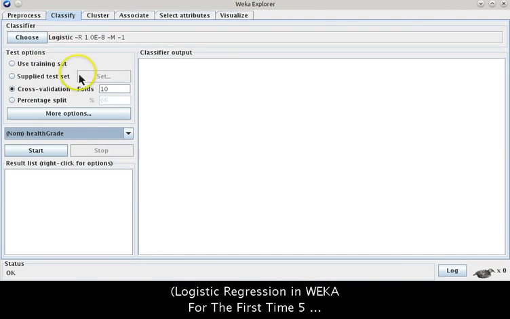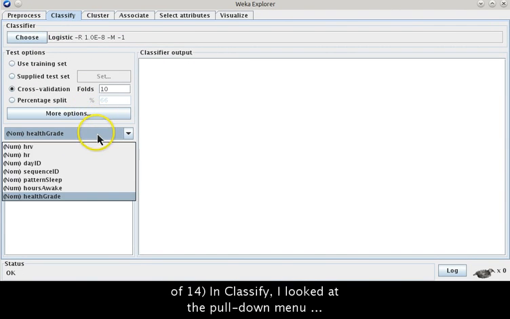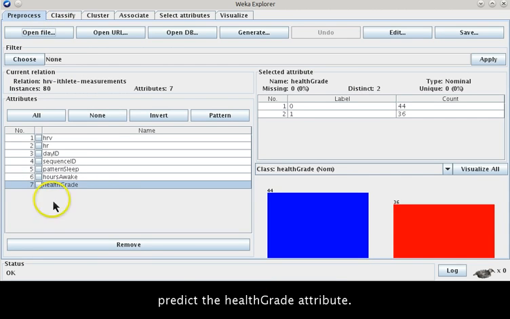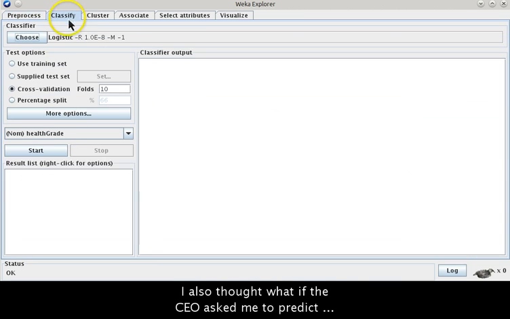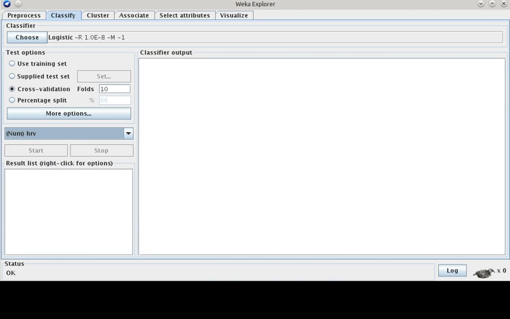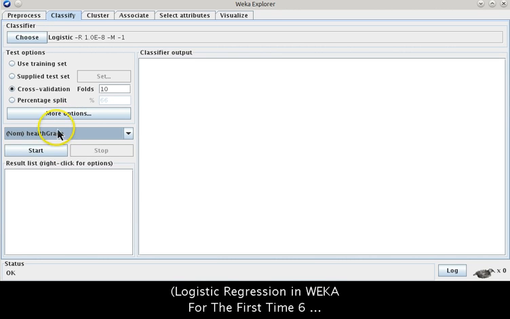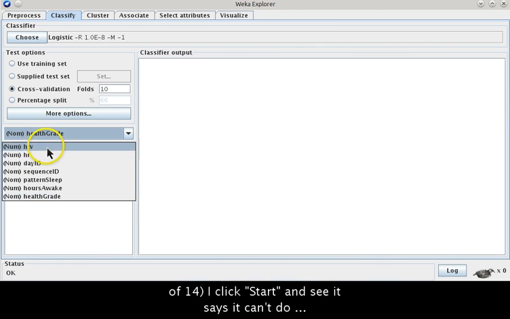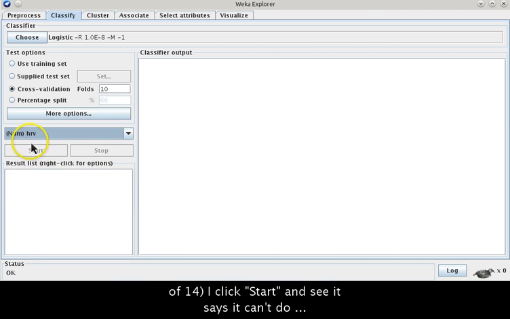In Classify, I looked at the pull-down menu and saw that's where you can put what you're predicting. The CEO asked me to predict the health grade attribute. I also thought, what if the CEO asked me to predict another attribute, like heart rate variability? I clicked Start and saw it said can't do numeric classes.